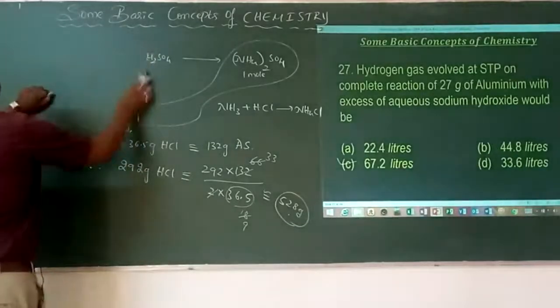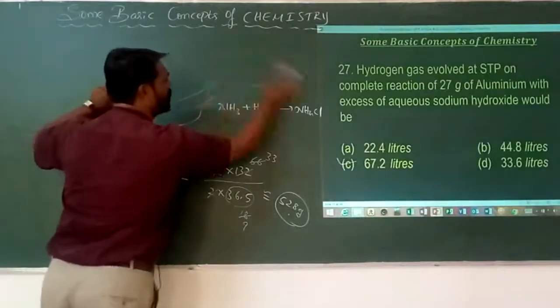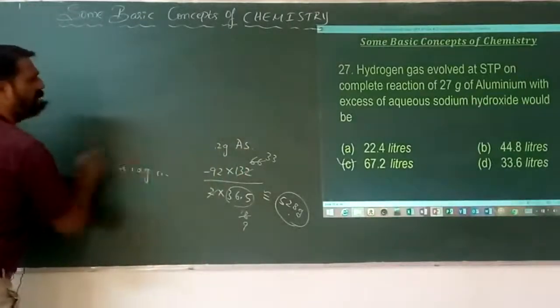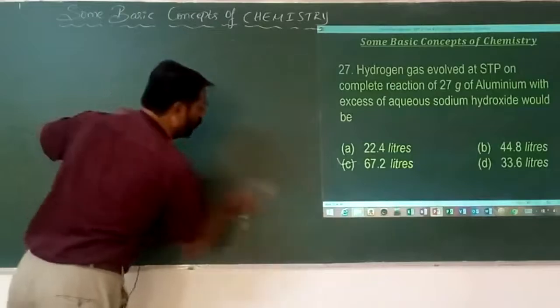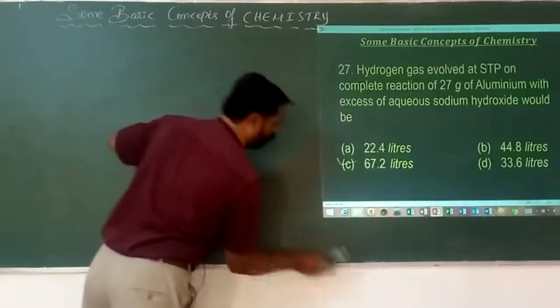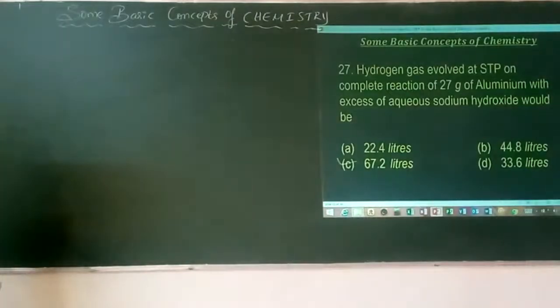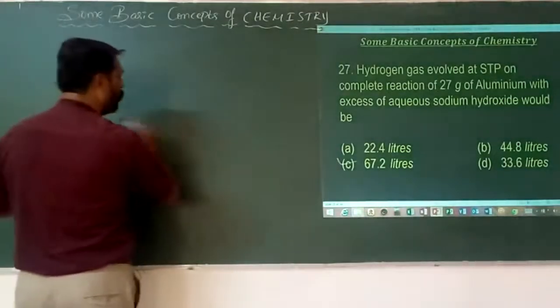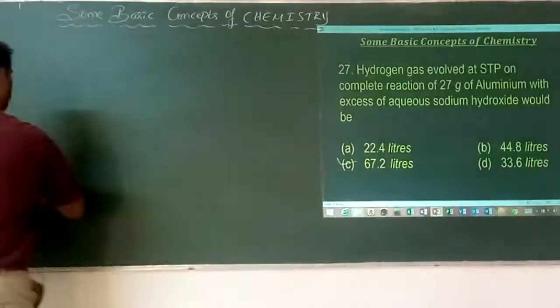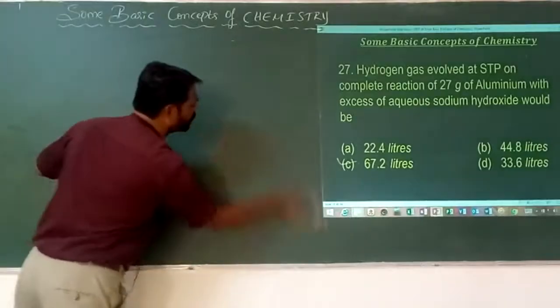Next, hydrogen gas evolved at STP on the complete reaction of 27 grams of aluminum with excess of aqueous sodium hydroxide would be. Here, first we have to know what is the reaction that has to take place.